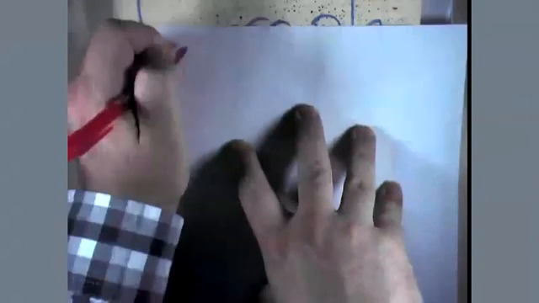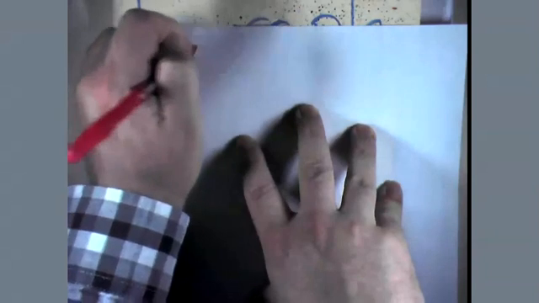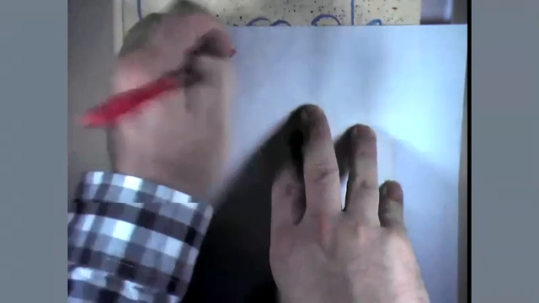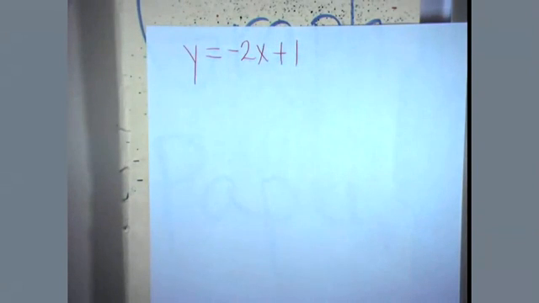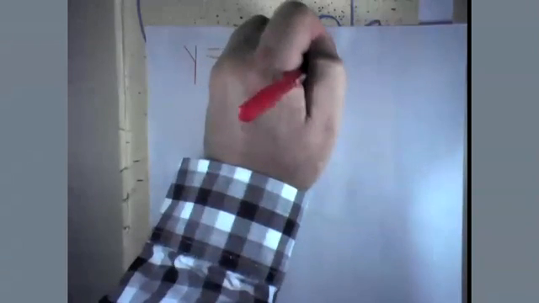As I mentioned, a function, if we have y equal to negative 2x plus 1, if you were to test this or plug in x coordinates, this is a function. It's just, a line is a function.